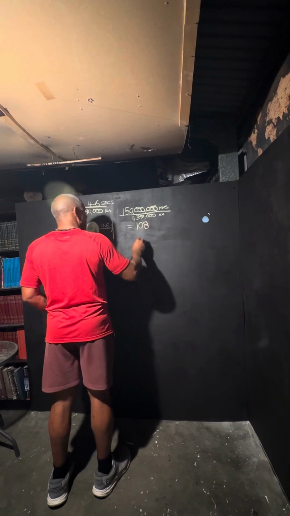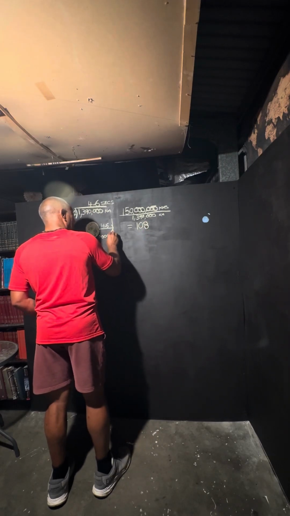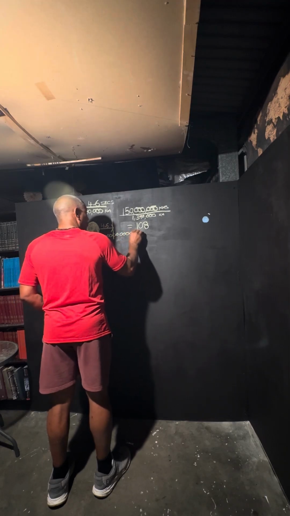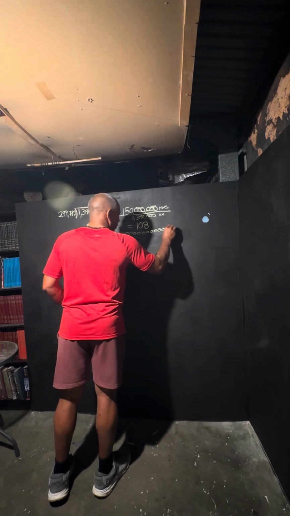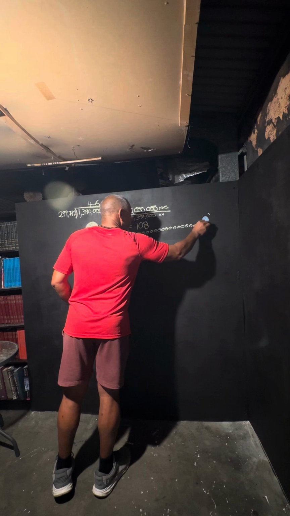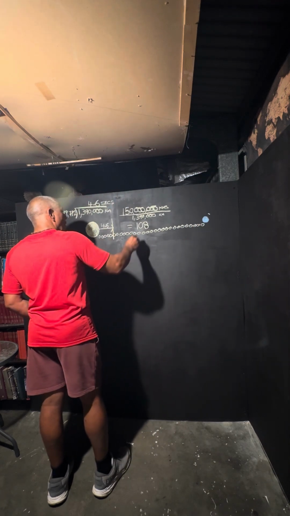So there are 108 sun diameters in between Earth and the sun. There's not going to be 108 here, but I started going.